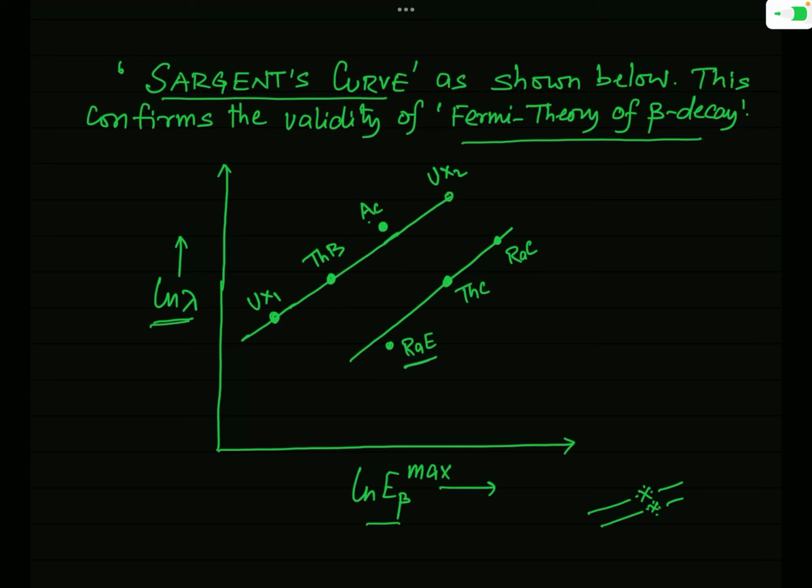So almost you can say that the Sargent's curve obtained in this figure proves the validity of Fermi theory of beta decay. I hope after these two lectures on Fermi theory of beta decay, everything for this theory has been clear to you, and you should watch both of these videos in sequence, and then you must write down these things in your notebook.